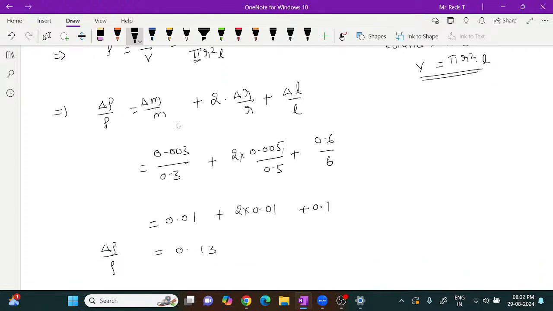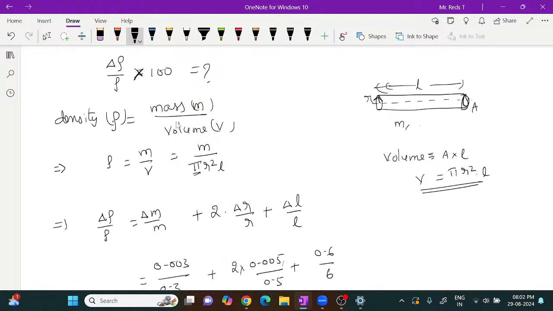So on simplifying this further, just cross check once the data which is given.